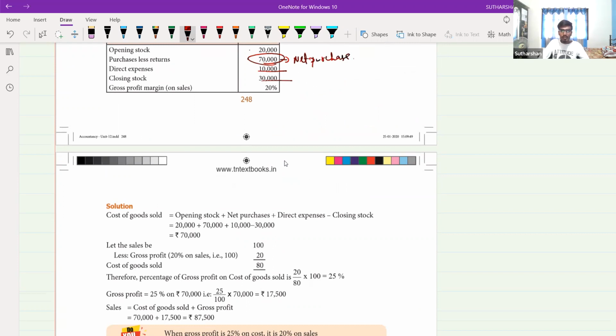Opening stock plus purchase: 90,000 plus 10,000 is 80,000, minus 30,000 gives 50,000. Wait, sorry: 70 plus 20 is 90, 90 plus 10 is 1 lakh, minus 30,000 gives 70,000. Your 70,000 is your cost of goods sold.